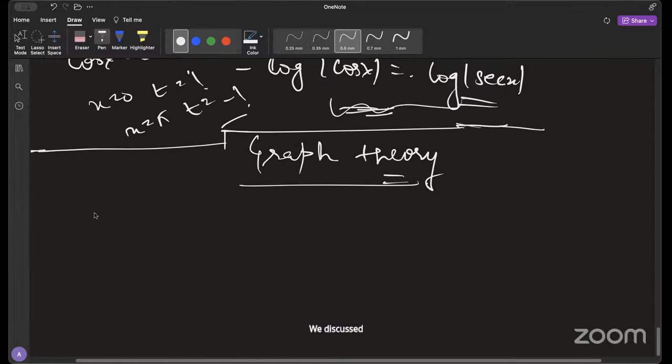So we'll directly come to the applications of graphs, some major applications of it. The first that we have is the graph coloring problem.